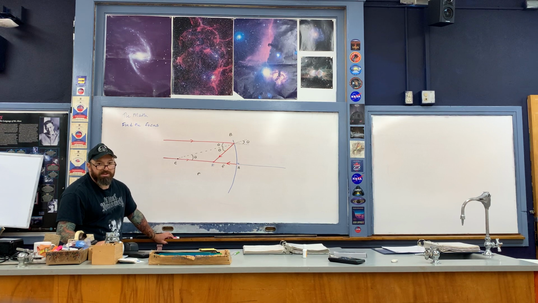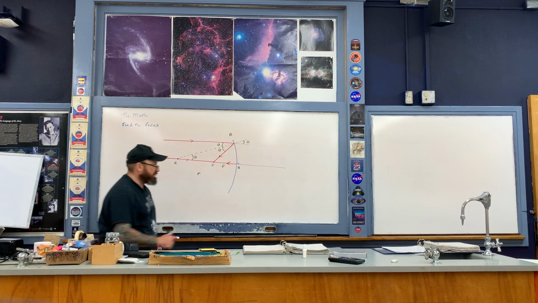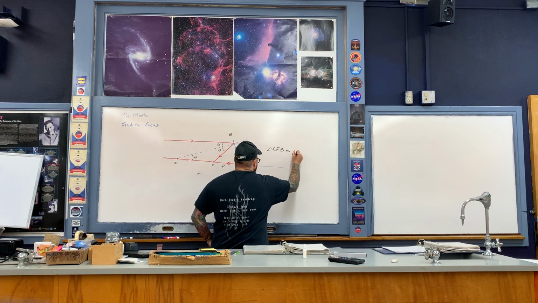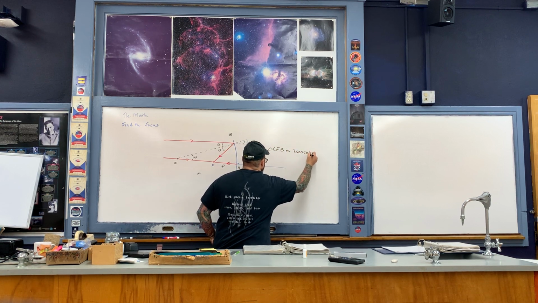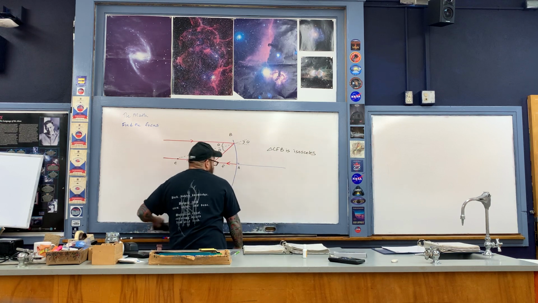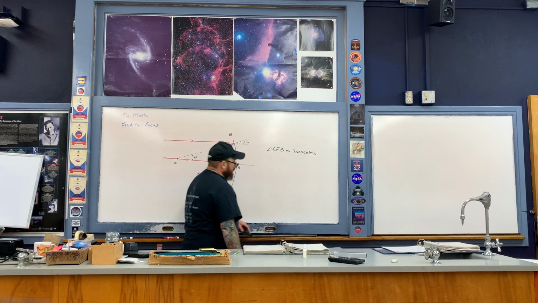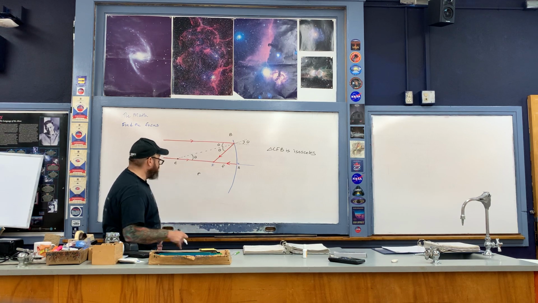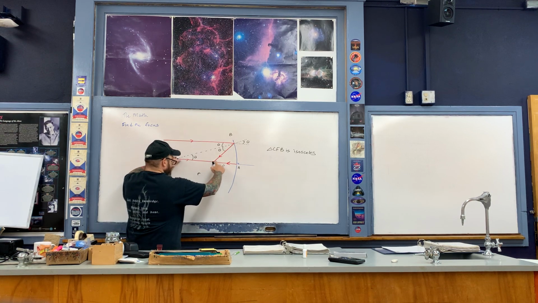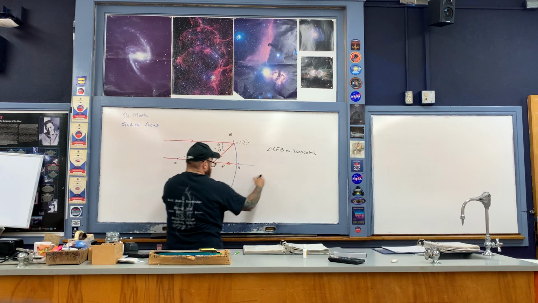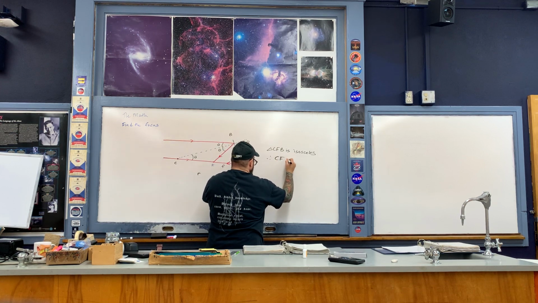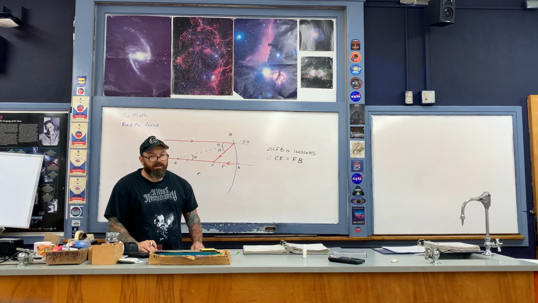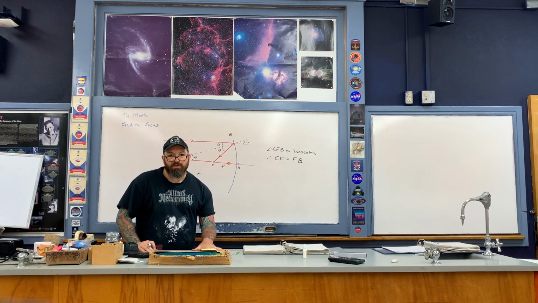Notice that triangle CFB is isosceles. Because that triangle is isosceles, the following 2 sides are the same: CF and FB. So therefore, CF is equal to FB.